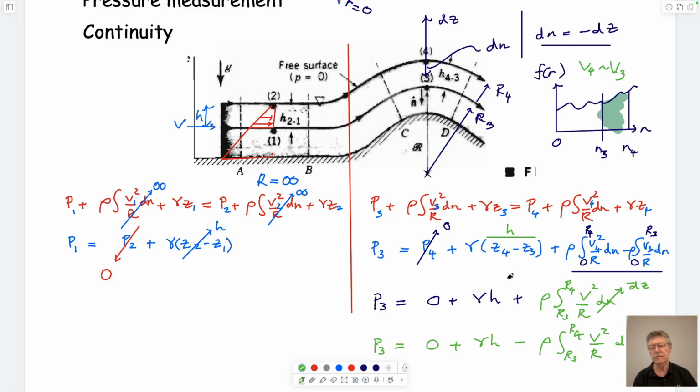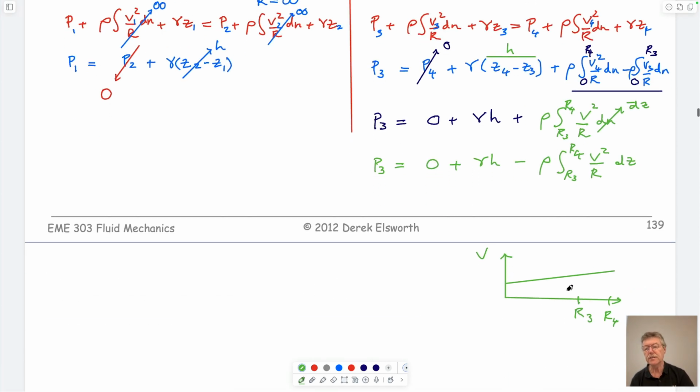That's the same here. So it would vary a little bit as you go in length, but this integral that we're talking about, if this was V squared, then this integral would just be this volume. That's what an integral means, right? So it looks kind of complicated, but it's just the sum of all the velocities between R3 and R4 over that patch.